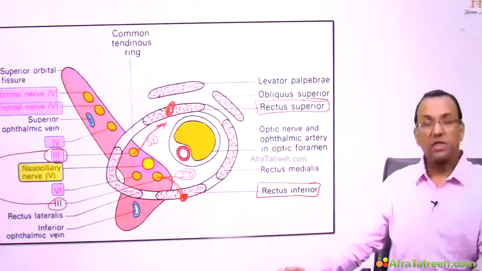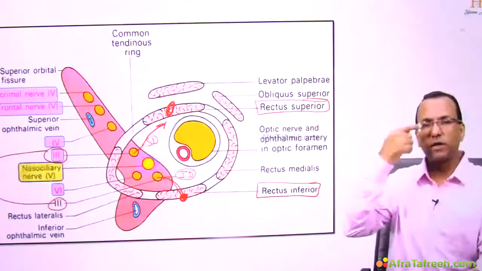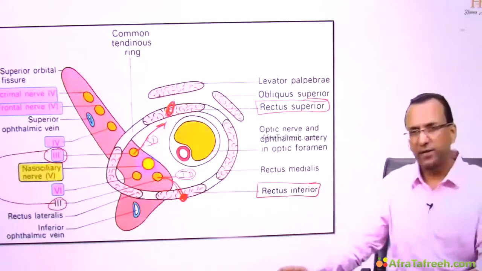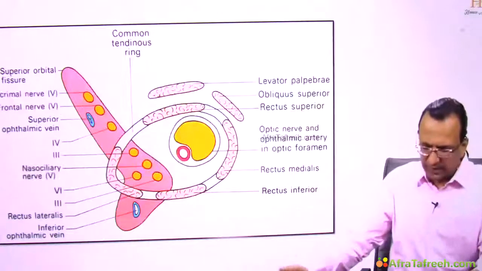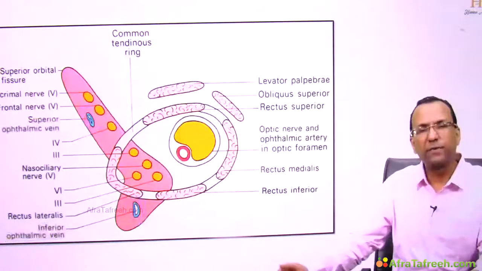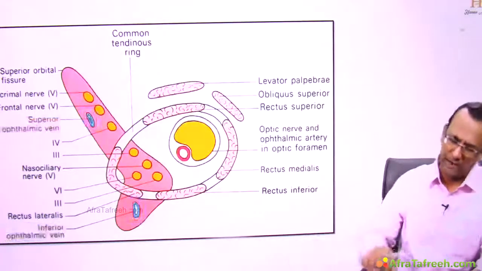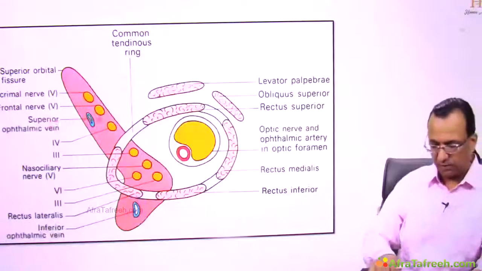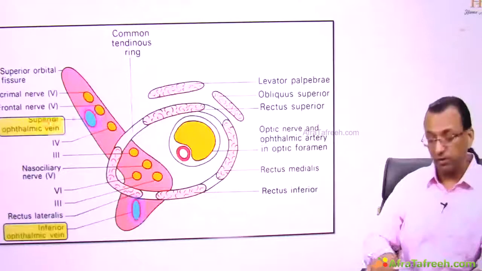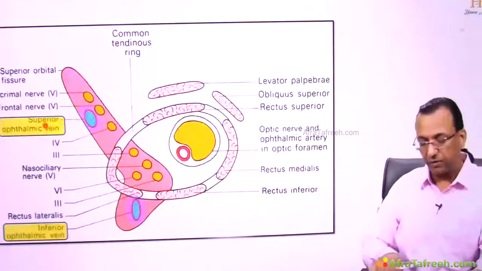Anyhow, what is this? This is the nasociliary nerve supplying the cornea. Touch the cornea, it will be activated. That is the nerve. I think there are some veins also passing through the superior orbital fissure, namely the superior ophthalmic and inferior ophthalmic veins, and the superior ophthalmic vein is lateral. Yes, it was lateral and it has bidirectional flow. It is a tributary to the cavernous sinus and it is also a draining channel for the cavernous sinus.